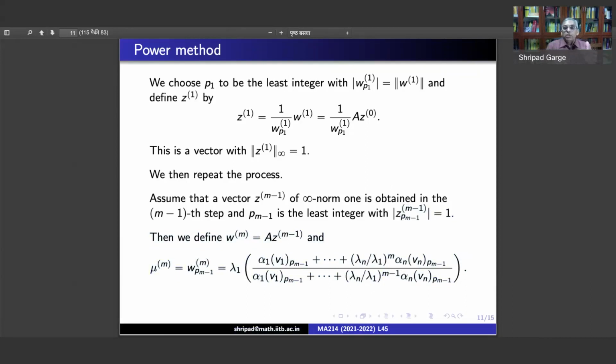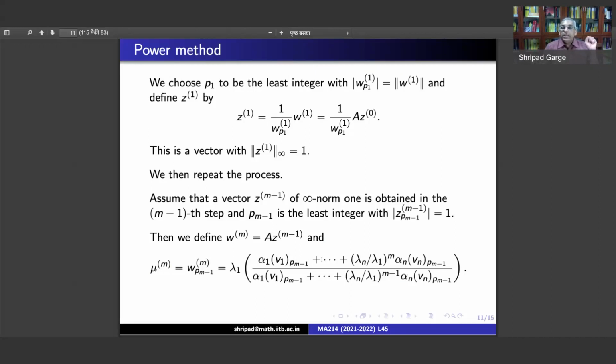And in the numerator you will have lambda 1 power m alpha 1 v1, lambda 2 power m alpha 2 v2, up to lambda n power m alpha n vn. So taking lambda 1 power m common from the numerator and lambda 1 power m minus 1 common from the denominator will give you a single lambda 1 outside.